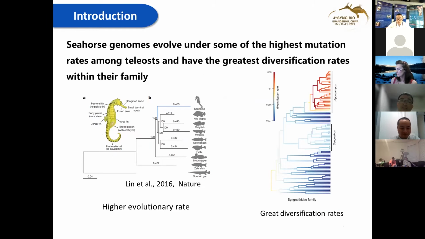Besides, seahorse genomes evolve under some of the highest mutation rates among teleosts and have the greatest diversification rate within the family. That means there might be many more mutations provided to the seahorse for developing adaptive traits for diversification or adaptation.